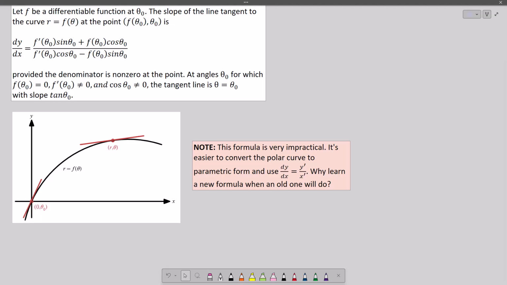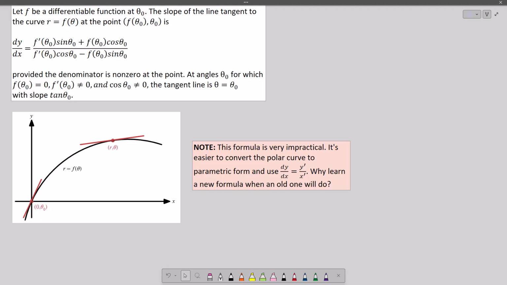The radial value is 0 when you're passing through the origin. Everyone okay with that? So if the function is your radial value and you're going through the origin, when theta is equal to theta sub 0, theta naught, then f of theta naught is 0. The r value is 0.